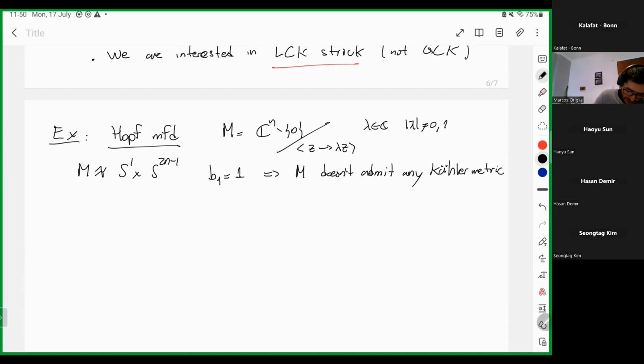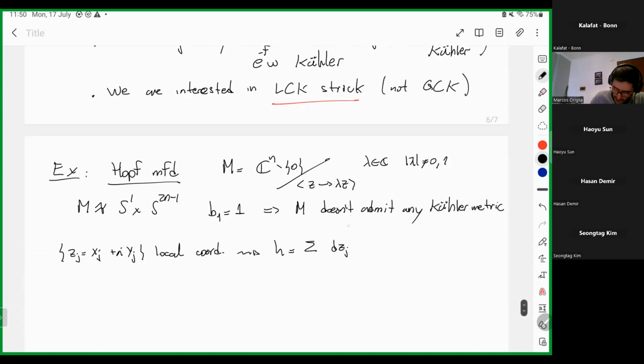Let me start with the complex local coordinates. We will start with the metric h, which is just dz_j and d z bar_j, the complex conjugation, and we need to divide by the modulus of z.